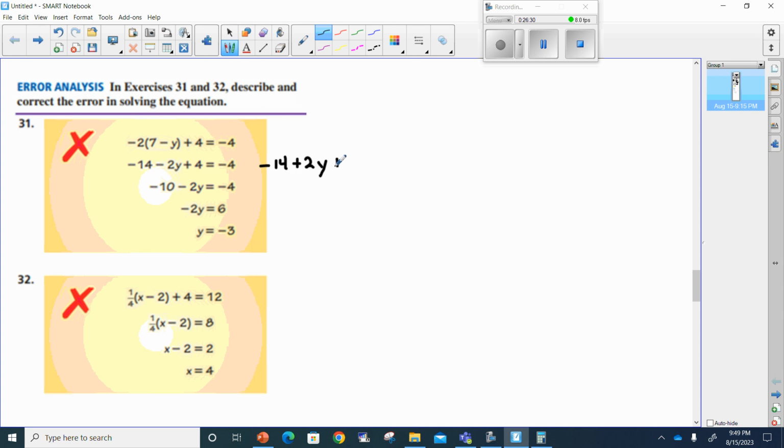And then we'll add 4, and that will equal negative 4. When we combine like terms, negative 14 and 4 make negative 10. So now I have negative 10 plus 2y is equal to negative 4. We'll combine like terms on the opposite side, which means I'll have to add 10 on both sides.